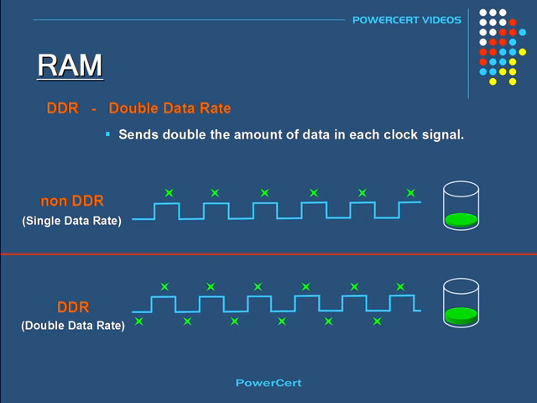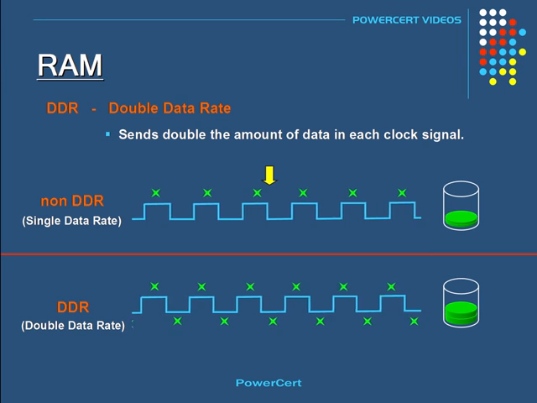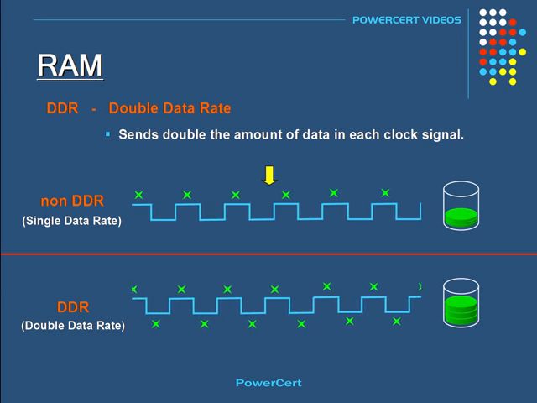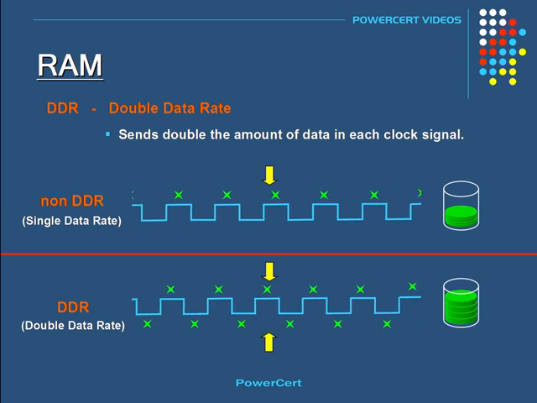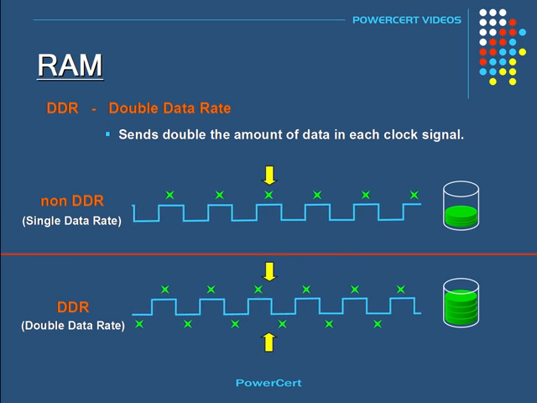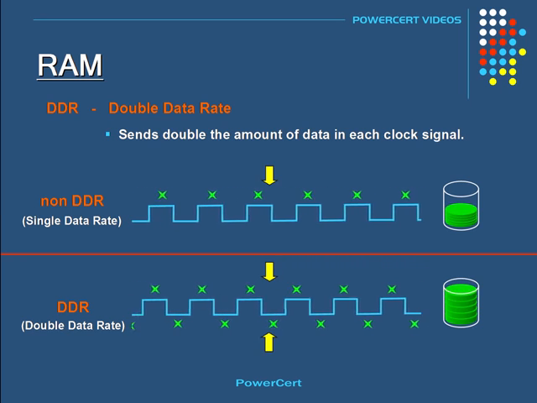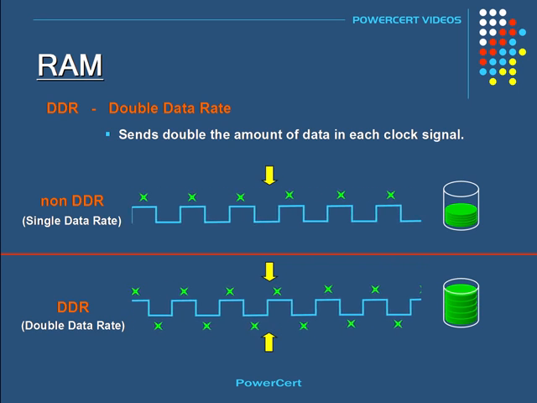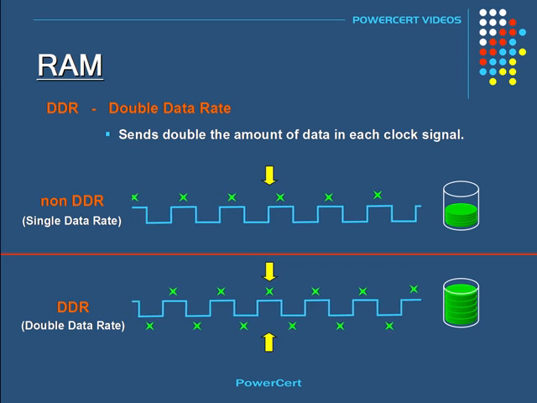Non-DDR, or Single Data Rate RAM, uses only the rising edge of a clock signal to transfer data. But DDR uses both the rising and falling edges of a clock signal to send data, which gives DDR the ability to send twice the amount of data.